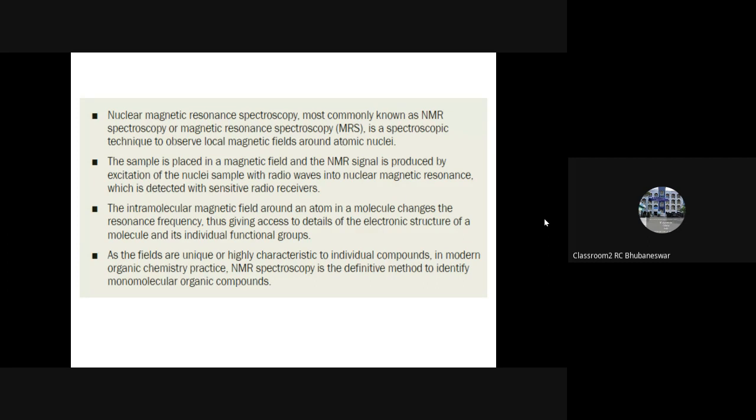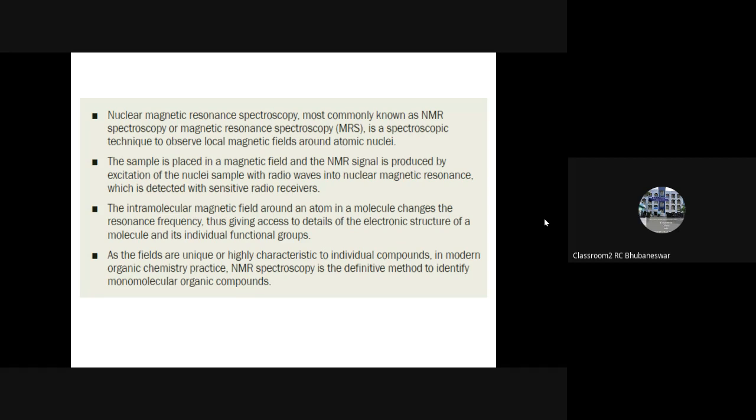Let me put NMR spectroscopy this way: it is useful, but how will it be useful for you people, as chemists? As I was telling you in the last class, a chemist's role is everywhere. If you go to R&D sectors of industries, or to forensic departments, wherever you go, you'll be using these analytical methods.